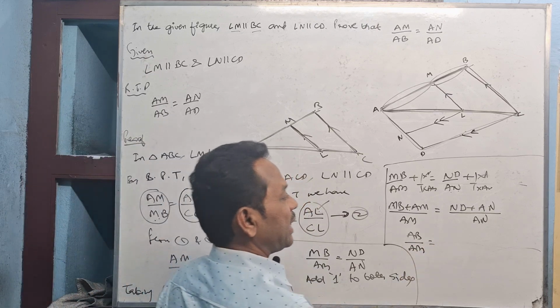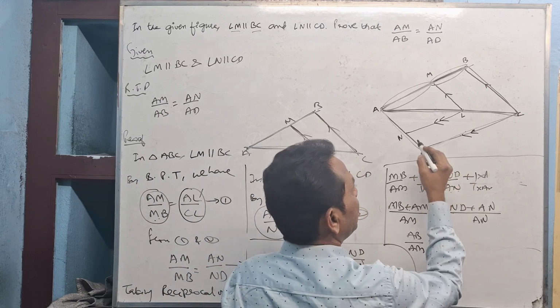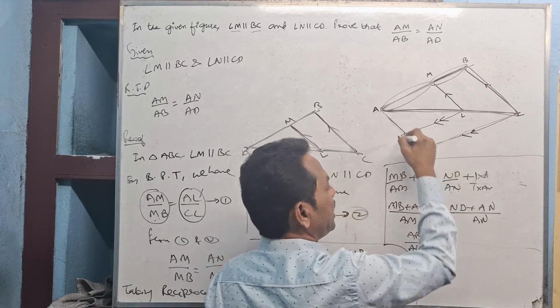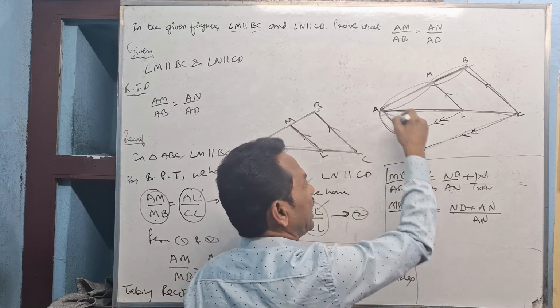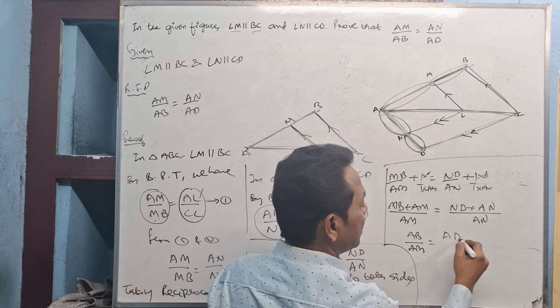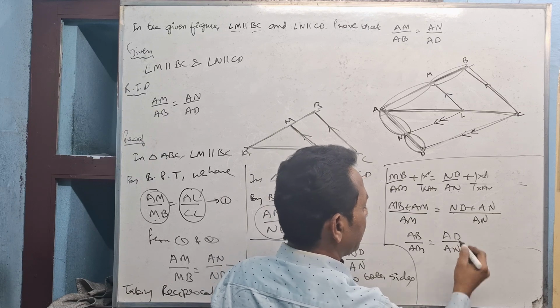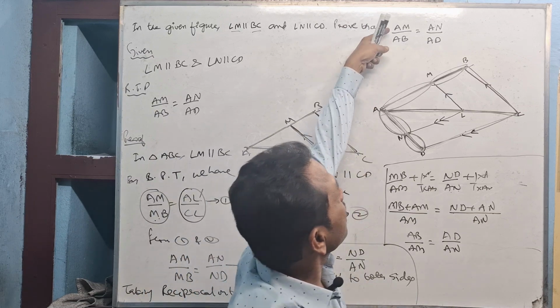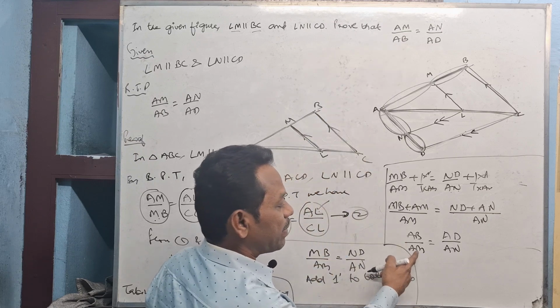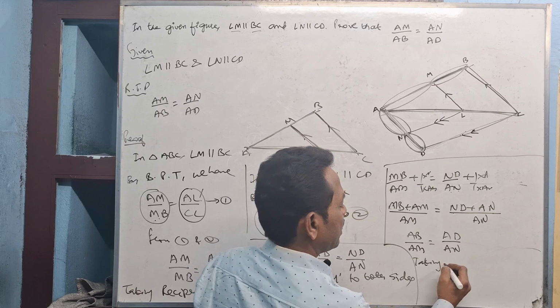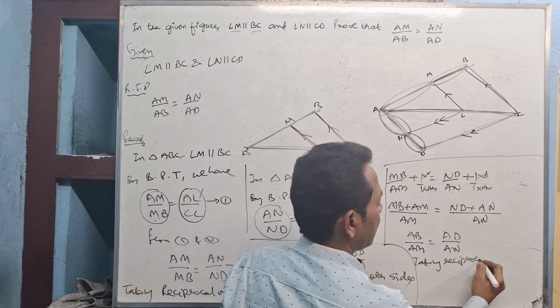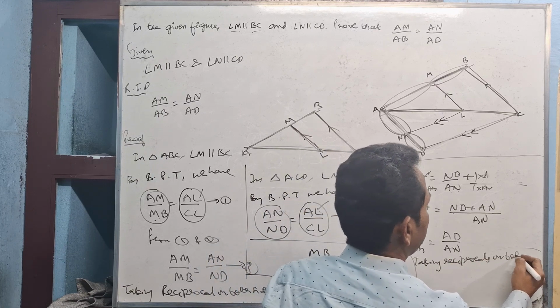Now ND. Where is ND? This is ND. ND is added to AN, and we get AD. So let us write here AD by AN. Our requirement is AM by MB, but we got AB by AM, so again we take reciprocals on both sides.